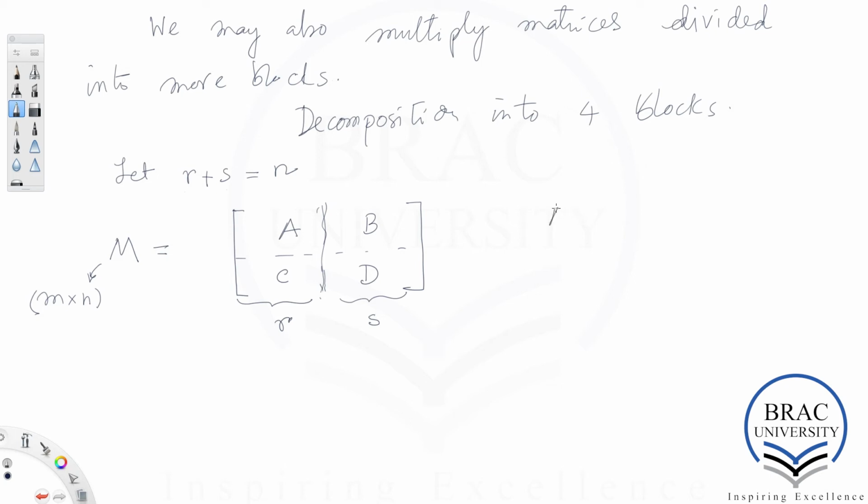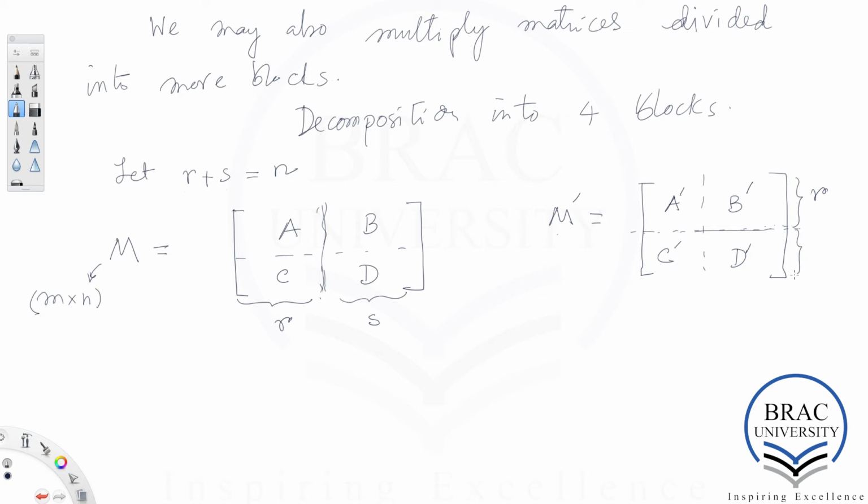And we have M prime. We also divide it into 4 blocks: A prime, B prime, C prime, D prime. It has to be divided in such a way that we have R rows in the top partition and S rows in the bottom partition.